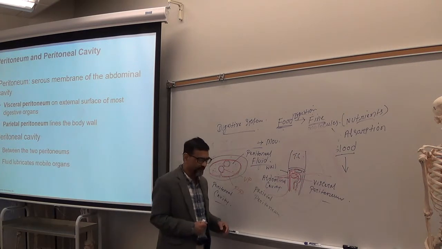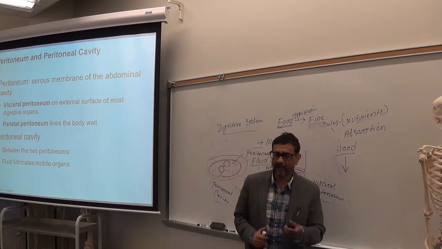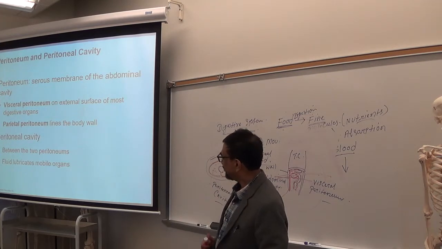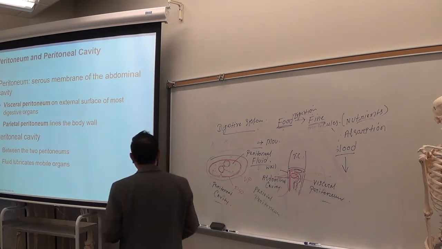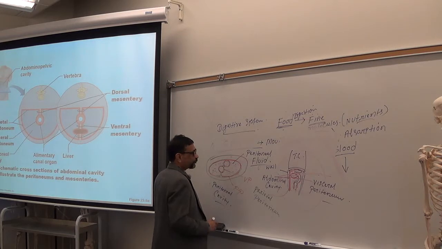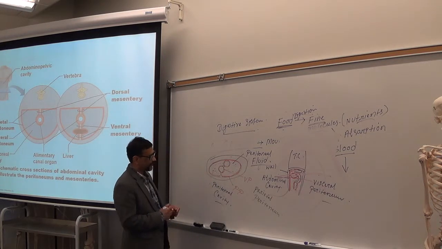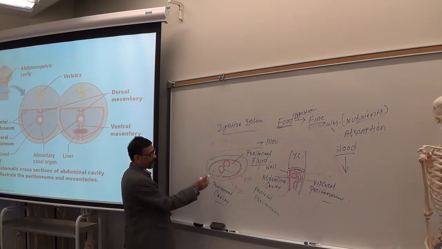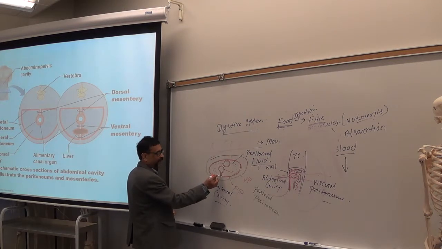Otherwise, this fluid is very helpful to prevent the friction between the organs. Now, another thing you need to know: you see, the parietal layers are going inwards, and this part that is connecting the parietal and visceral is called mesentery.